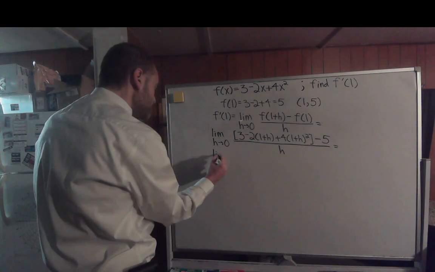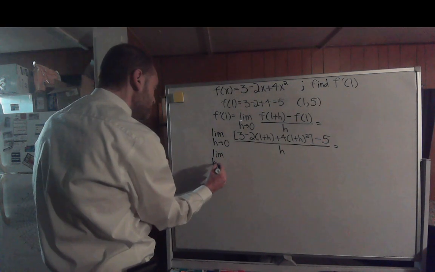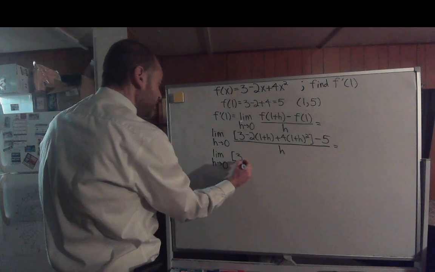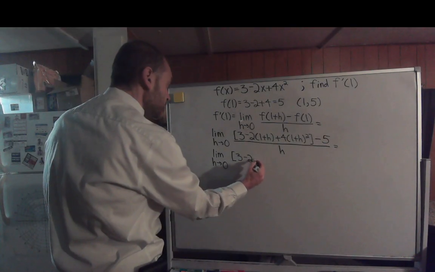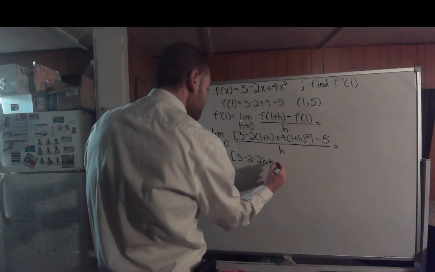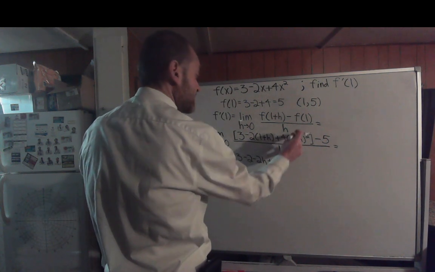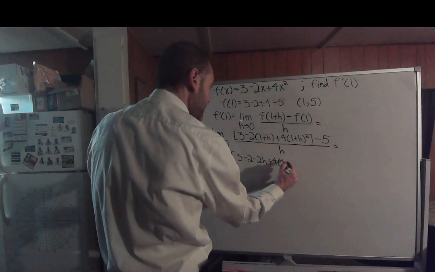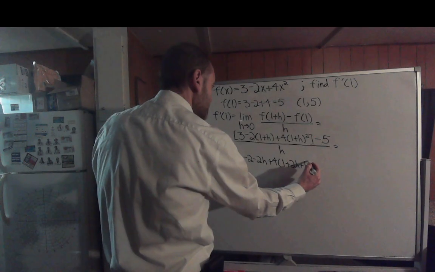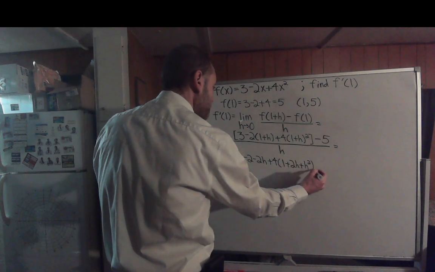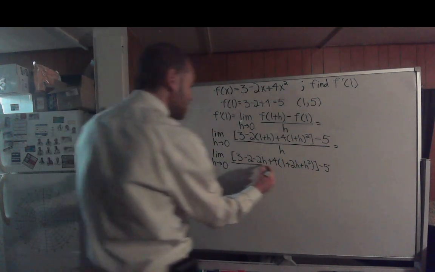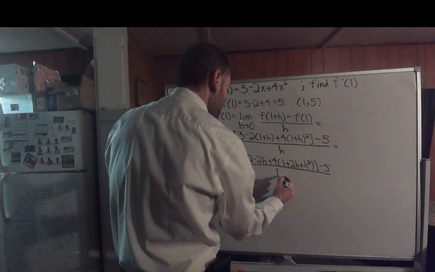So this will turn into the limit as h approaches 0 of 3 minus 2 minus 2h plus 4 times, let's take that 1 plus h to the second power, that'd be 1 plus 2h plus h squared, all that minus 5 over h.